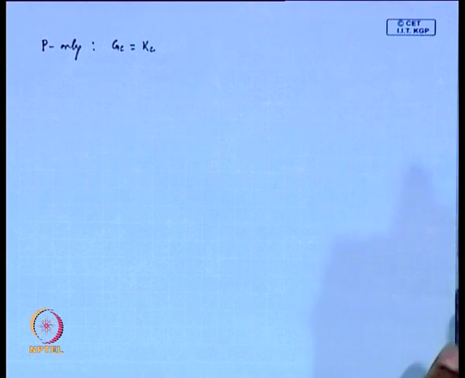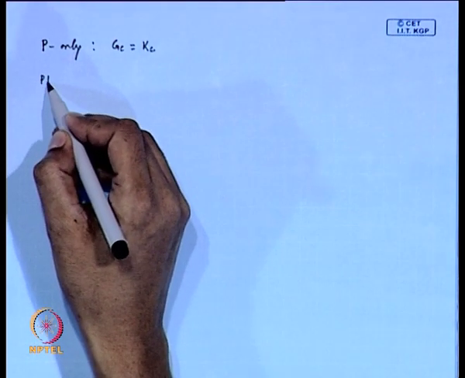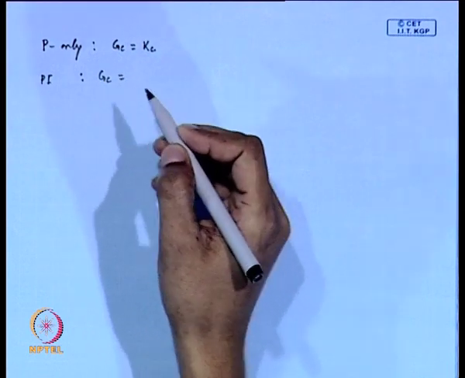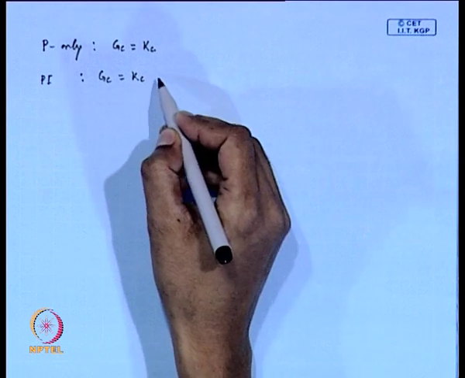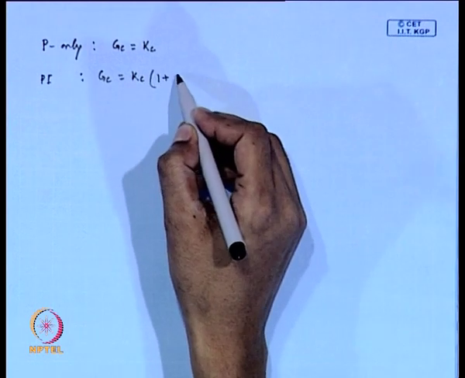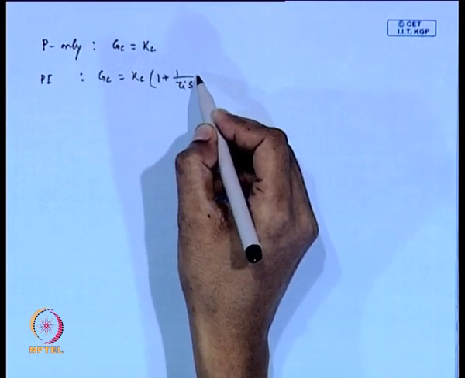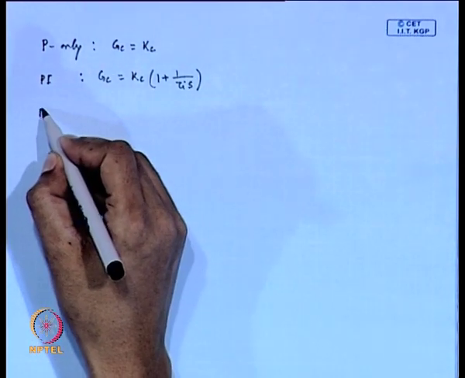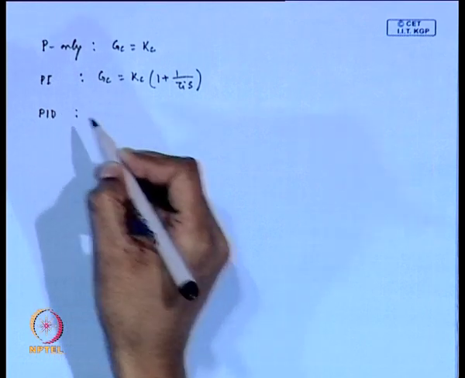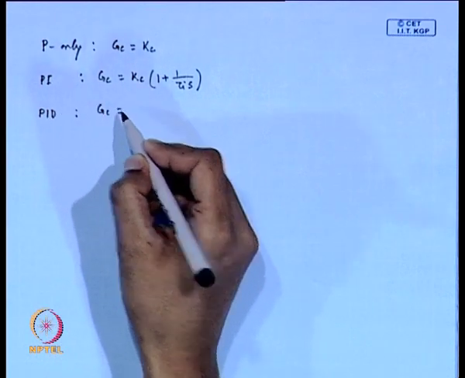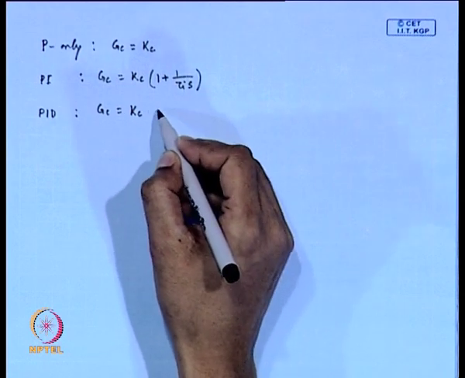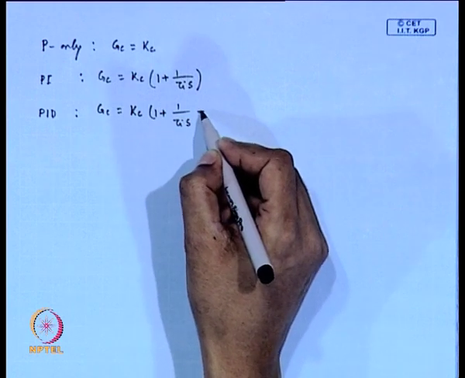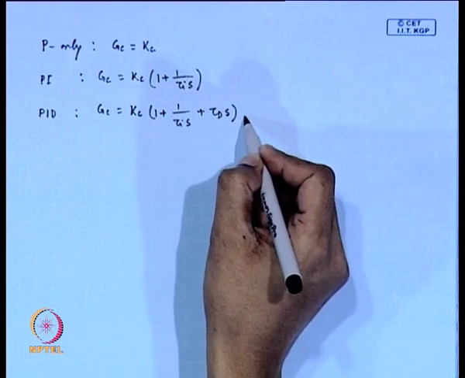We discussed the PI controller having the transfer function G c equals K c times 1 plus 1 divided by tau I s. We discussed the PID controller having the transfer function G c equals K c times 1 plus 1 divided by tau I s plus tau d s.